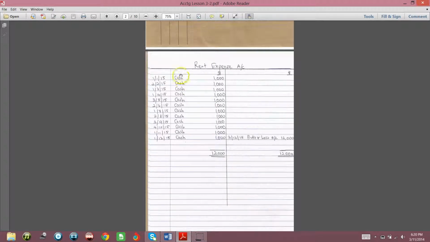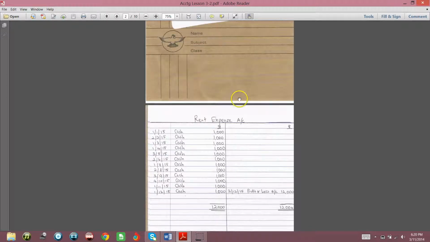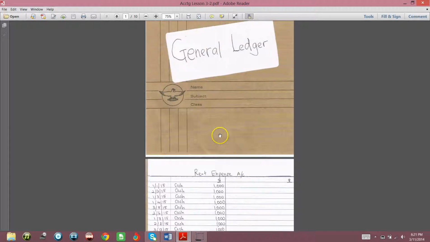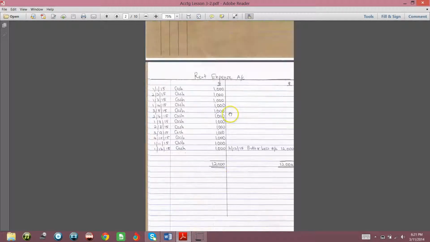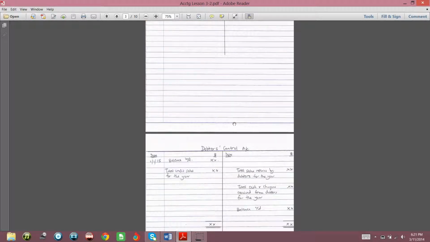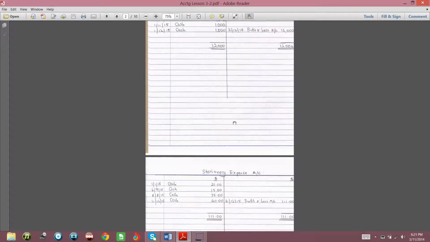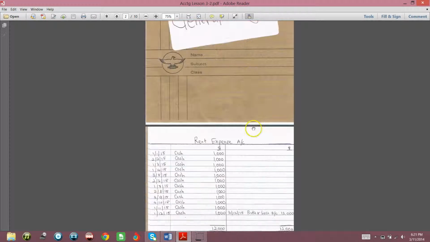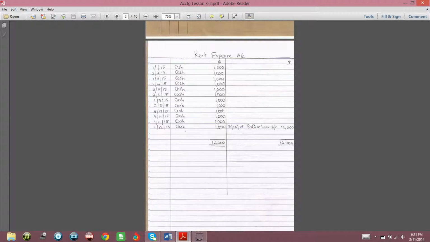In the general ledger, we have this kind of T account. I'm sure those who have studied accounting before have come across all these T accounts. So all these T accounts, for example, rent expense, stationery expense, will be compiled in an exercise book called general ledger. We named it general ledger.